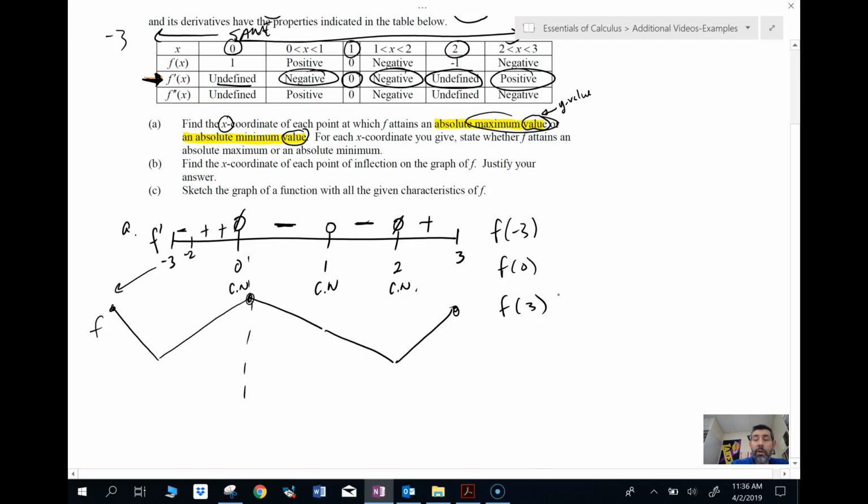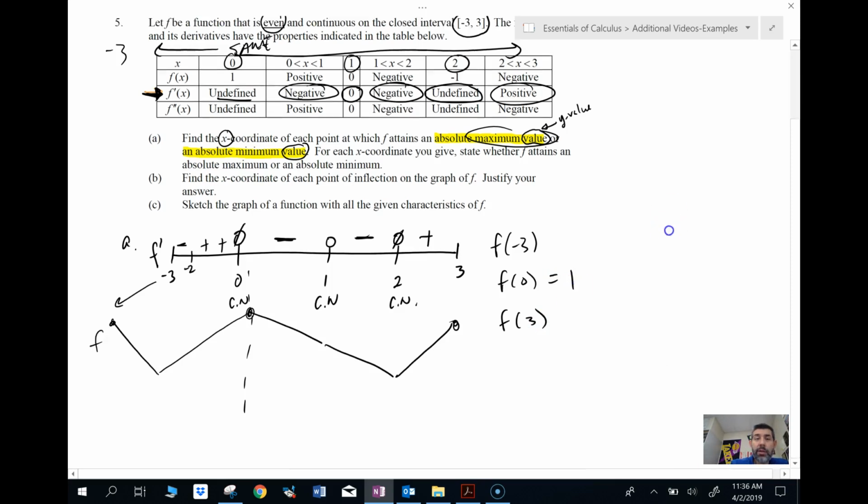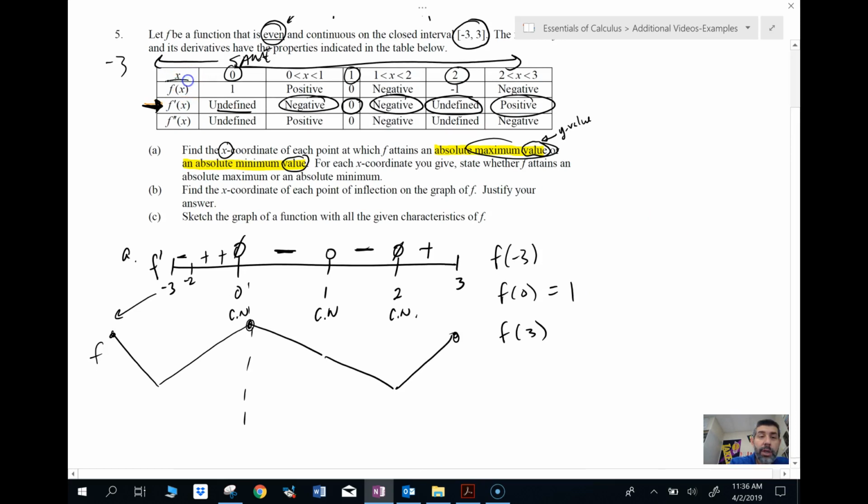Well, I know that f of 0 is equal to 1 because it tells me right here. Let me uncircle things now so we can see what we're looking at. f of 0 is 1. What's f of 3? Well, f of x at 3 is going to be negative.